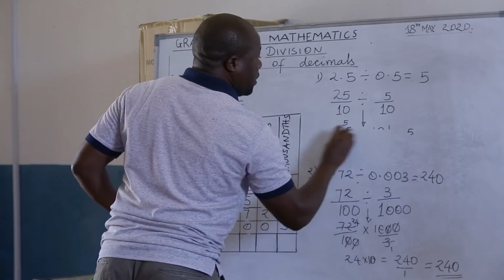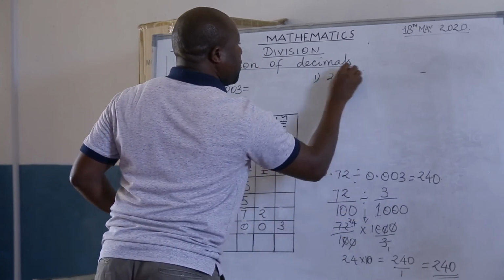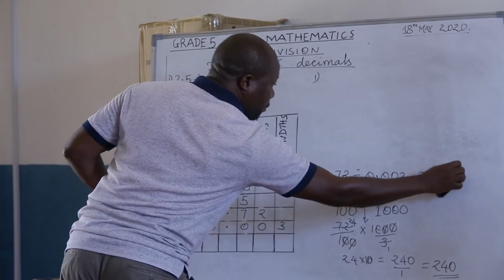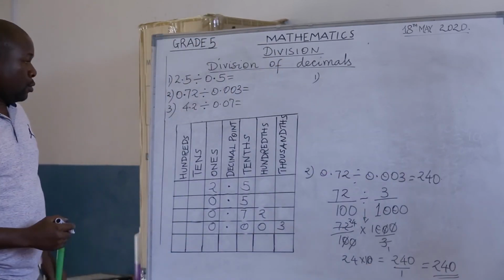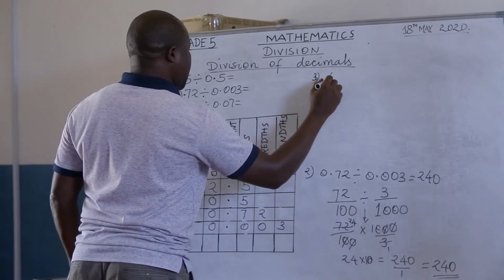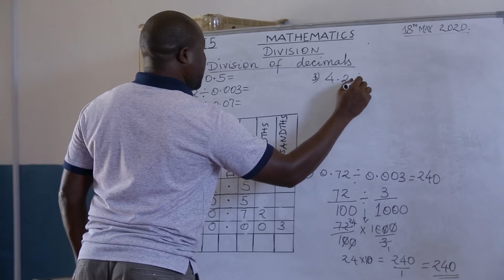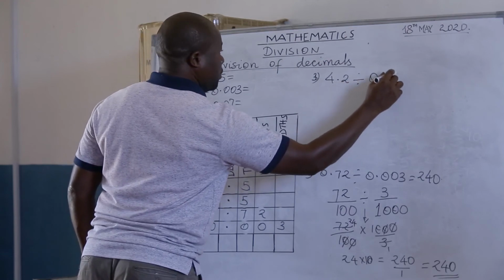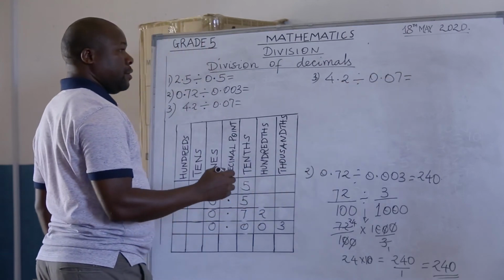Let us get to the last example before I leave for you a task to perform. The third one, 4.2 divided by 0.07. Right?